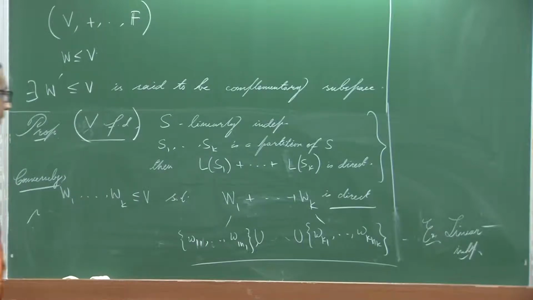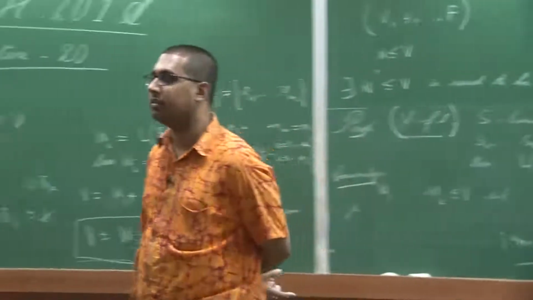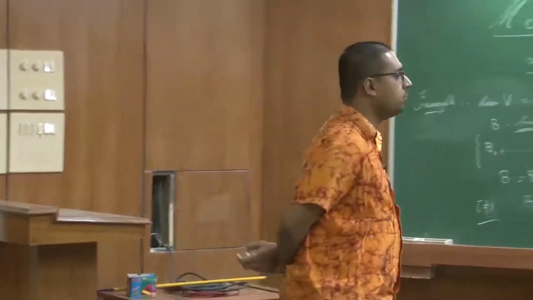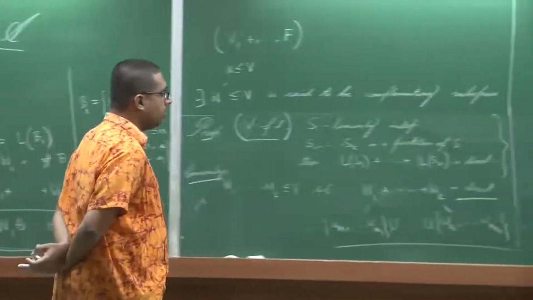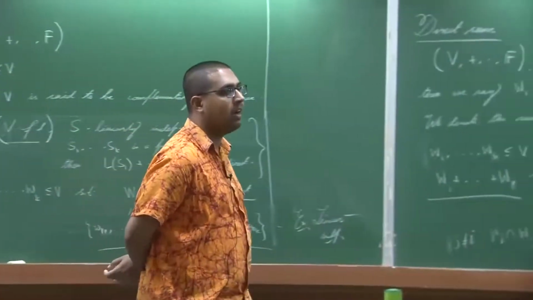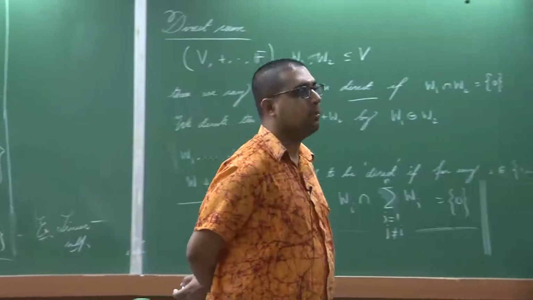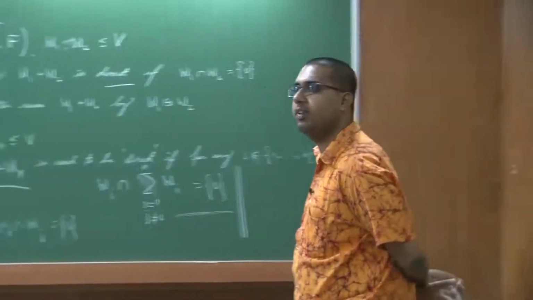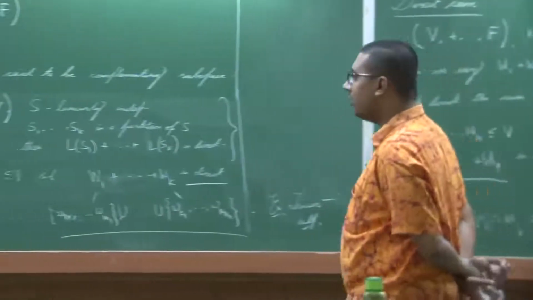And even if you start with a collection of subspaces whose sum is direct, you can see those subspaces are obtained by taking the linear span of the pieces of some partition of a linearly independent subset of V.